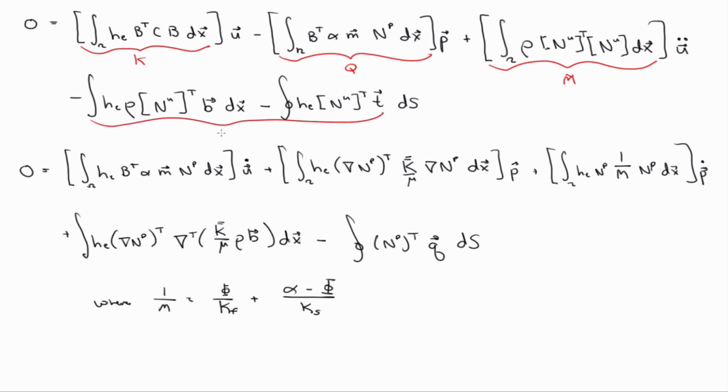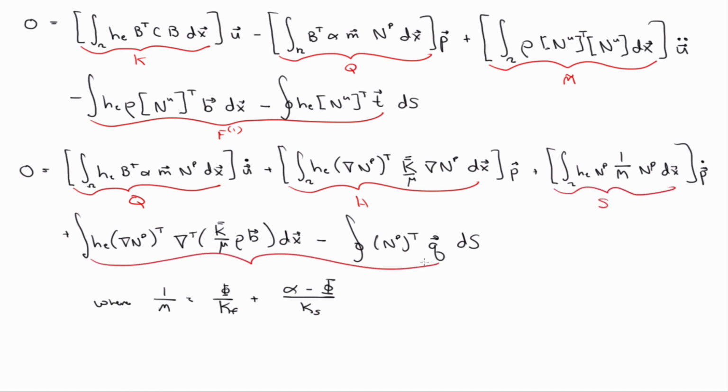And these are your external forces. I'm just going to call them the force 1, right? So these are your body forces applied to the solid times any external tractions. Notice this is just Q transpose. We'll call this H. We'll call this S. And this we'll call F2.